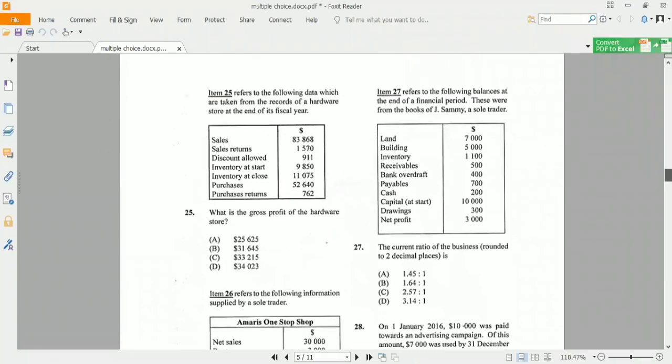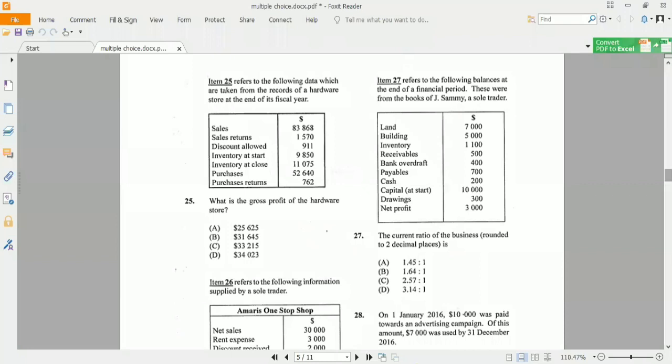Number 25. Item 25 refers to the following data which are taken from the records of a hardware store at the end of its fiscal year. What is the gross profit of the hardware store? Bear in mind, people, when you're going to your accounting paper 1 exam, you can use a calculator.